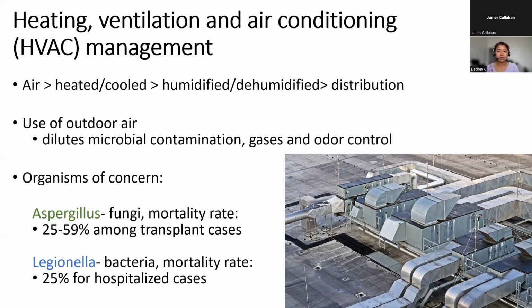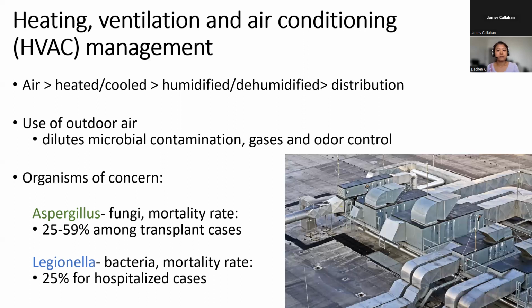gas and odor control. It is essential that we understand the important role the HVAC system plays in any healthcare setting because there are many microorganisms present in our environment, and some more than others can have a huge impact on the health and well-being of our residents. The two main organisms of concern are Aspergillus and Legionella. Aspergillus is a fungus found in soil, water, decaying vegetation, and building materials.